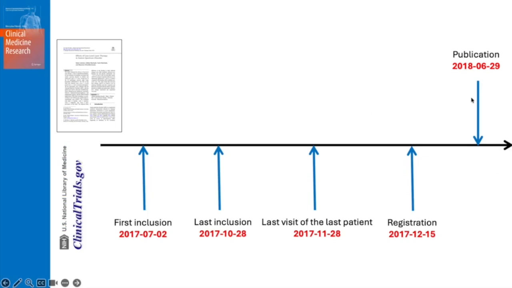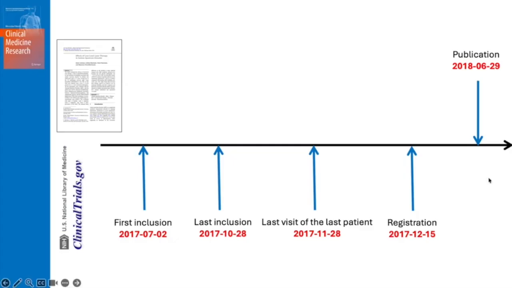Still, registration was, of course, before publication, as it is mentioned in the publication. And the publication was very fast after the first inclusion, because in less than 1 year you have the first inclusion of the patient and the publication, which, in my experience, is pretty rare, to be so fast in publishing a clinical trial, but still, it's possible.